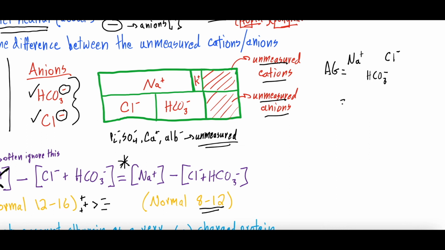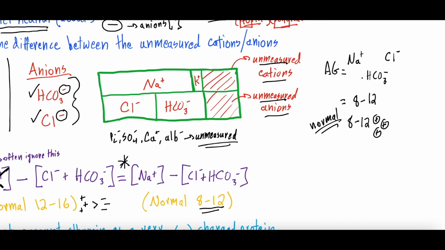The normal is 8 to 12. So if you just look at these, you will always have 8 to 12 more cationic particles than anions. And this is normal, because what the equation isn't taking into account is all these unmeasured cations and unmeasured anions. This isn't to say that the blood is always positive 8 to 12.